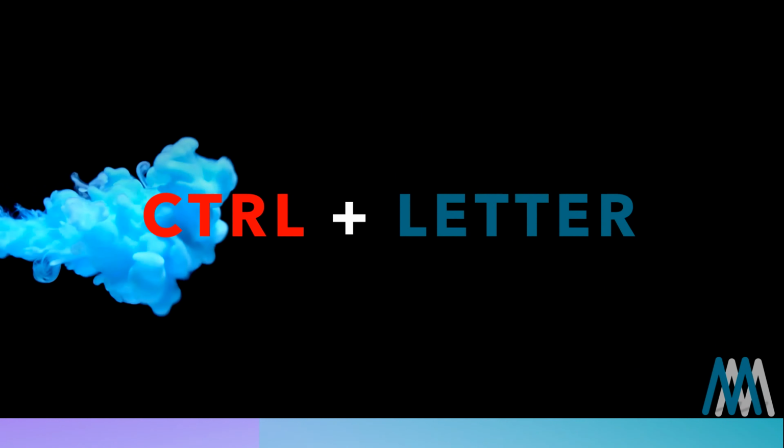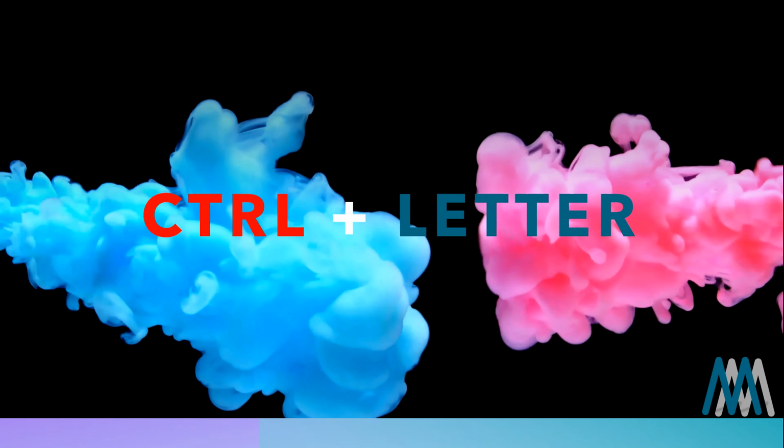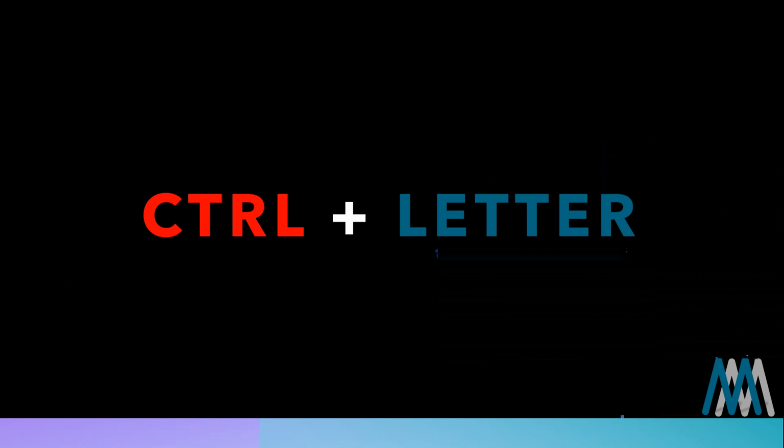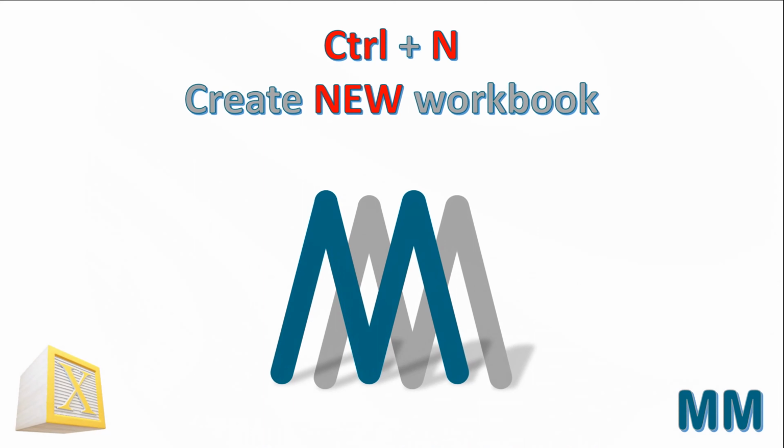The first category that we have for the shortcuts is the Control and a letter. So we are going to see now a set of shortcuts where we have the Control and, for instance, the letter N for new workbook. If you have the Excel application open and you press Control N, that will create a new workbook.